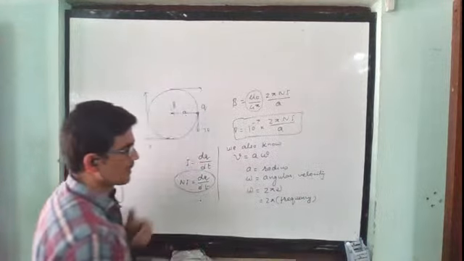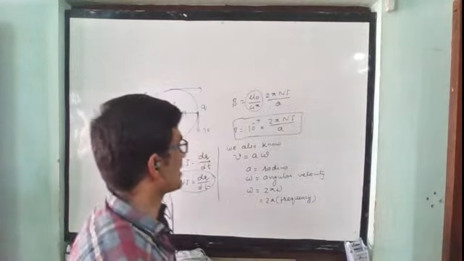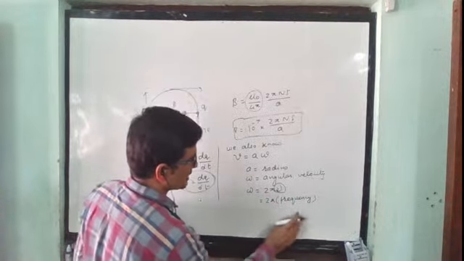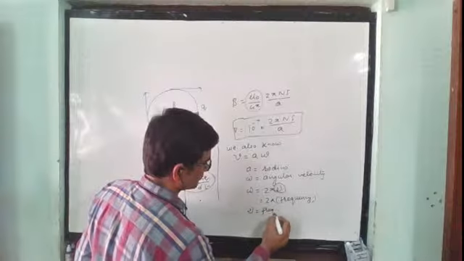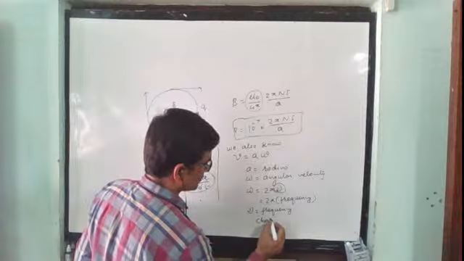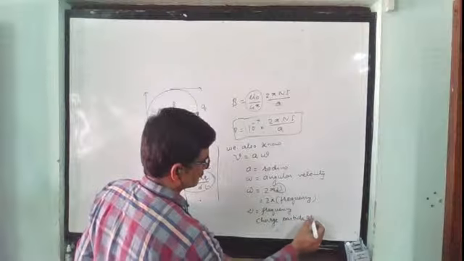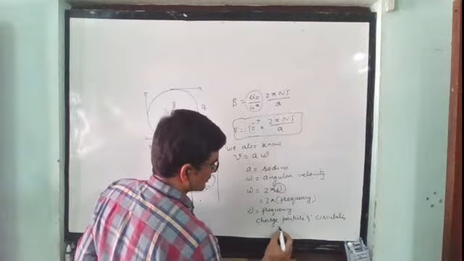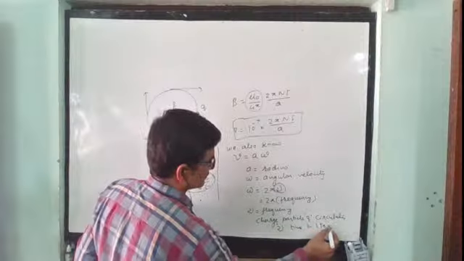Correct? Means in 1 second, the charged particle is circulating nu times. Nu means it is a frequency. It means the charged particle Q circulates nu times in 1 second.